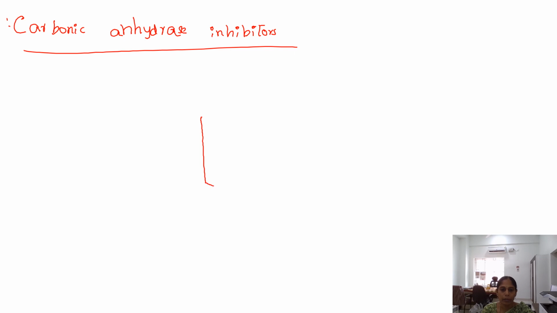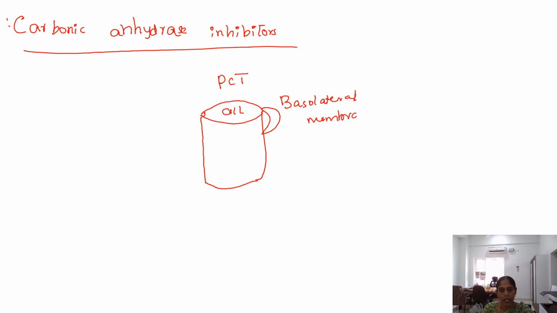So we can remember by drawing a teacup or a coffee cup like thing to know the mechanism easily. So assume this is your proximal convoluted tubule. This is the cell and this is your basolateral membrane.